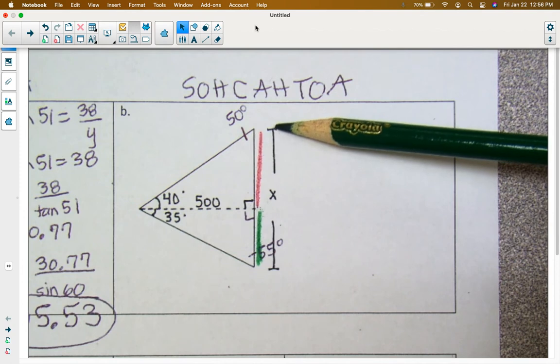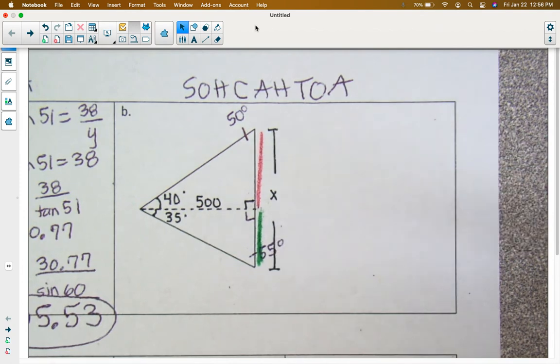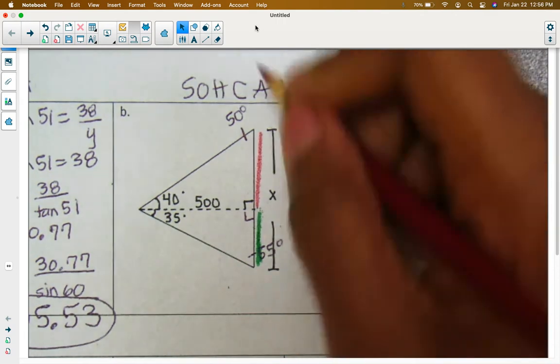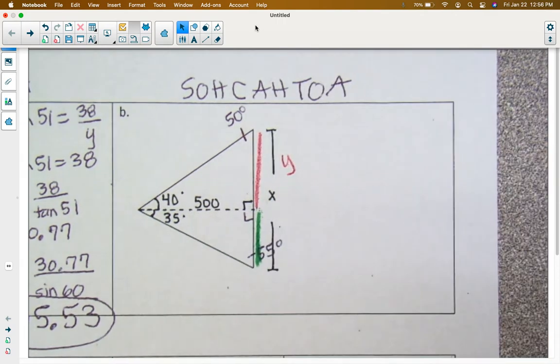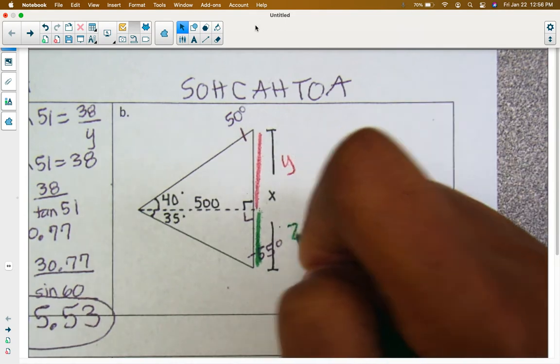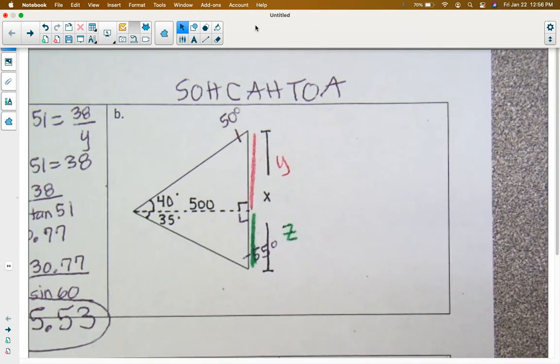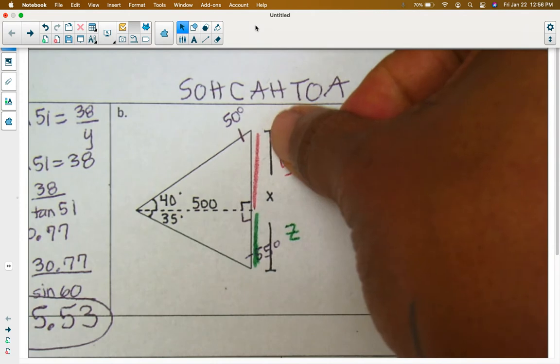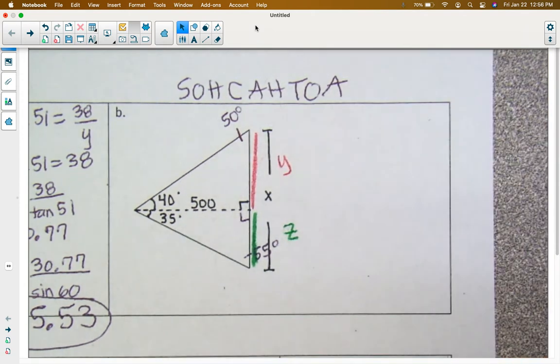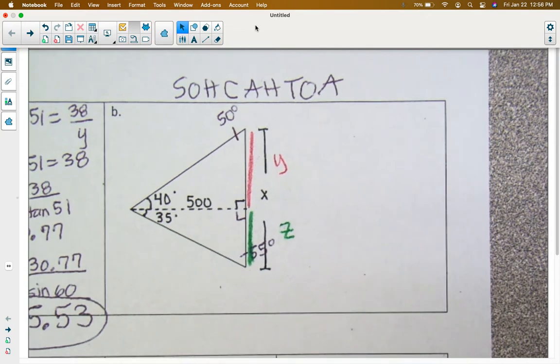So x this time is the whole entire length. So I'm going to break it up into two triangles. And I'm going to call this side here in the red y, and this side here in the green z. And then I'm going to add those two together. So let's start with the red.